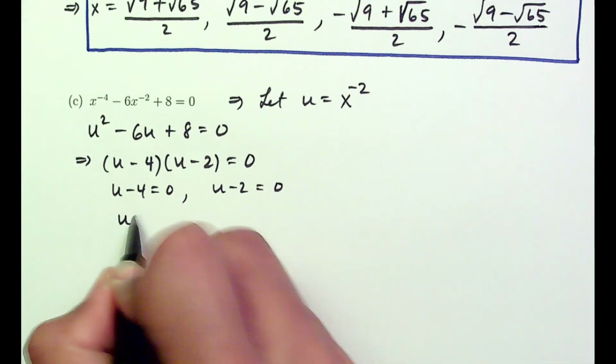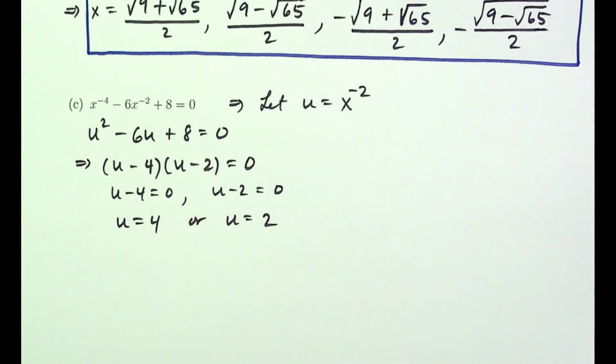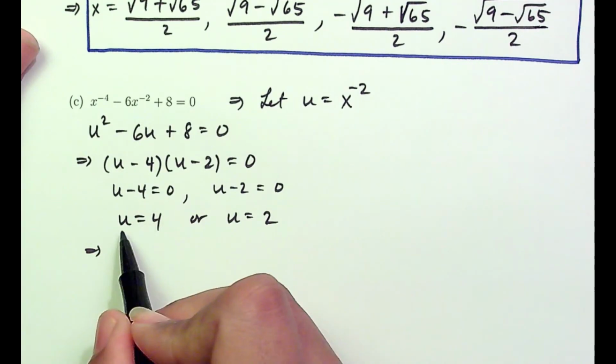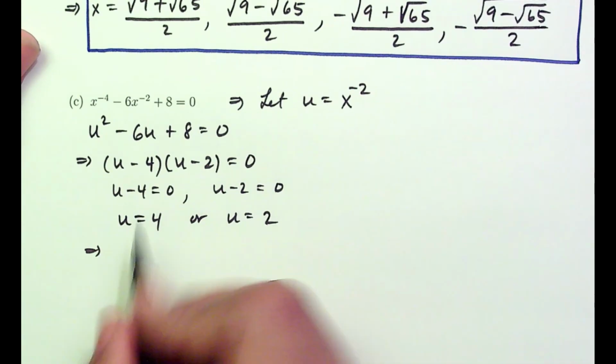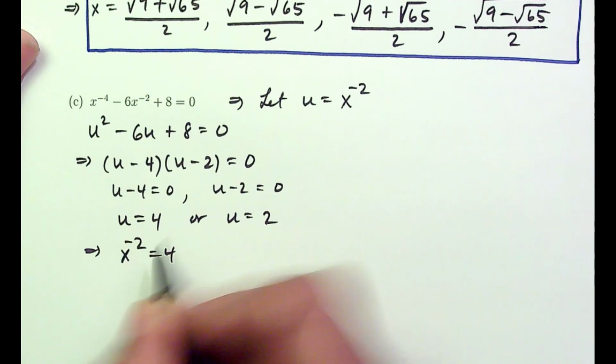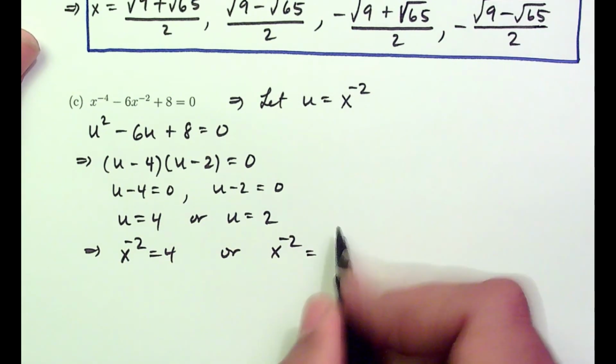So that means u equals 4, or u equals 2. So we found u. Now we have to find x. But u equals x to the negative 2. So this is x to the negative 2 equals 4, or x to the negative 2 equals 2.